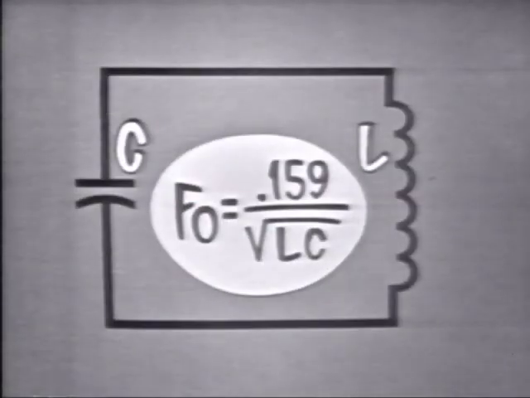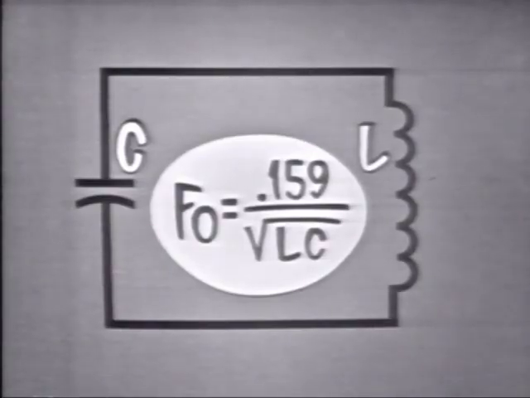In the LC circuit, L and C compare to the rubber bands and the weight, the frequency determining device. And as you recall, the resonant frequency of the tank can be determined by the formula f sub 0 is equal to 0.159 over the square root of LC. Or very simply, the frequency is determined by the size of L and C.